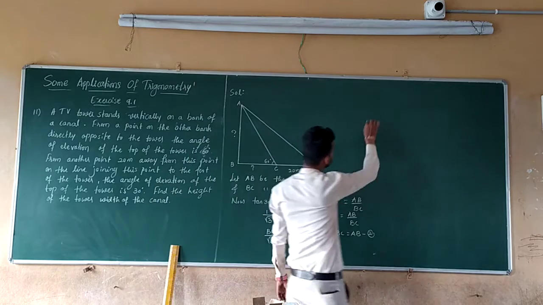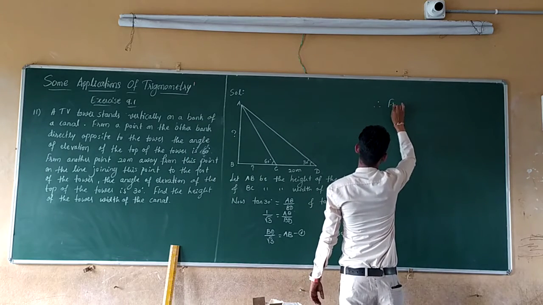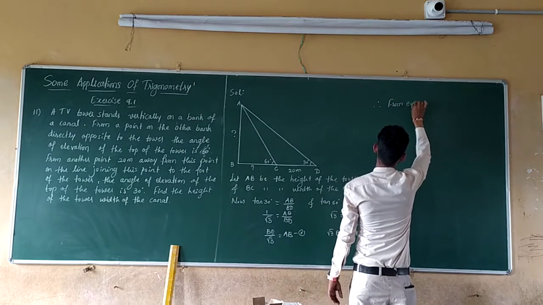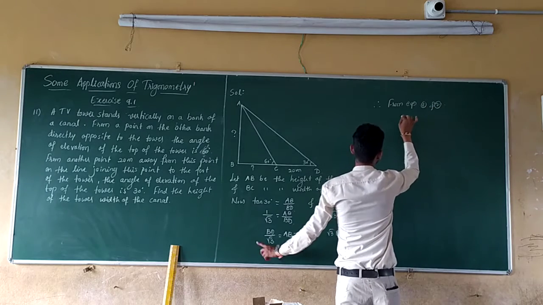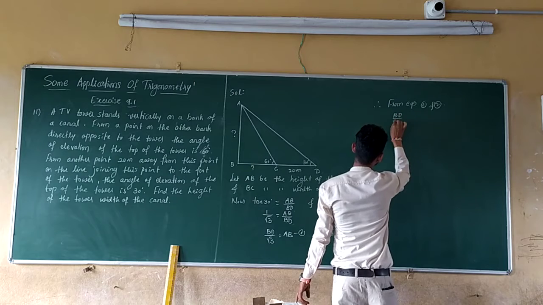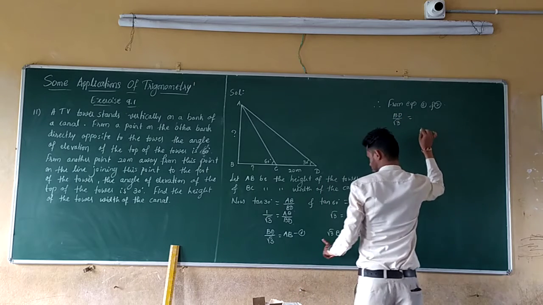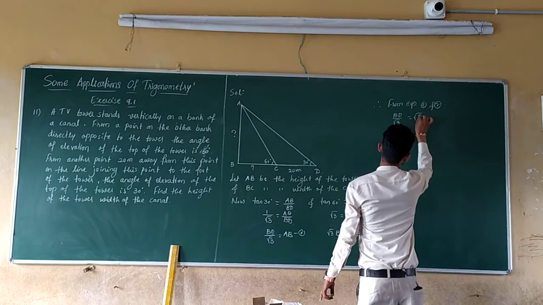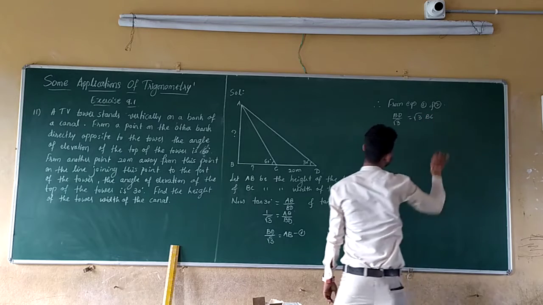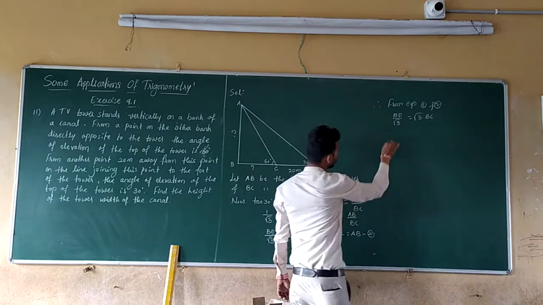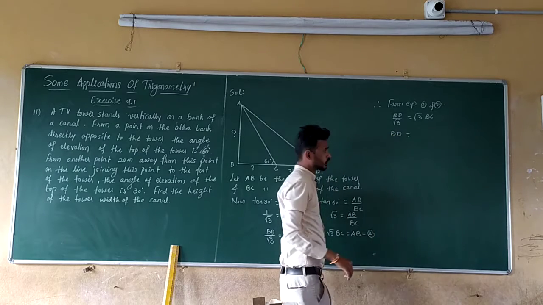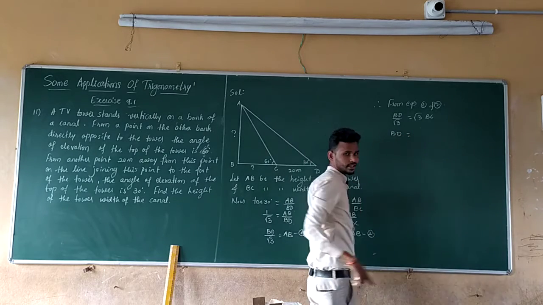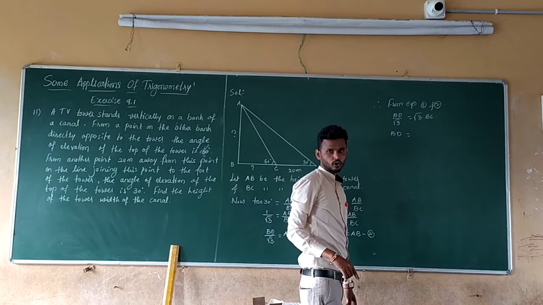Therefore, from equations 1 and 2, what can we write? BD by root 3 is equal to root 3 BC. So BD is equal to, taking root 3 to the RHS so that it becomes multiplication, root 3 into root 3, root 9.